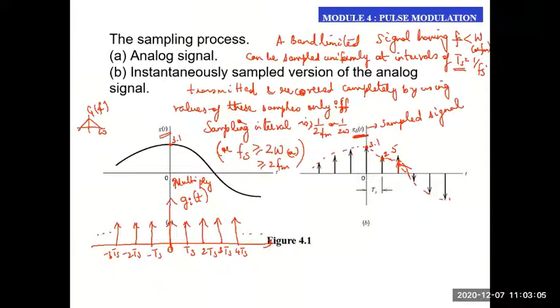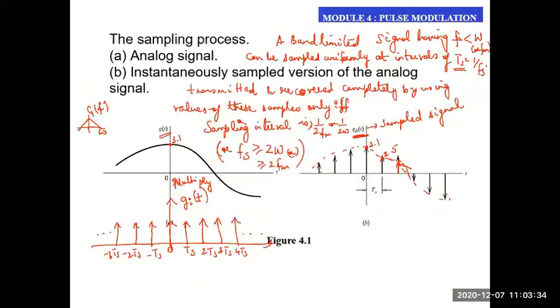Fs should be greater than or equal to 2W or 2 fm, or Ts should be 1 by 2W or 1 by 2 fm. Only when we sample at this rate can we recover. I told you, the sampling rate becomes very important. The sampling period, which in other words tells us the sampling rate, is a very important parameter in telling us when we can recover the signal properly.